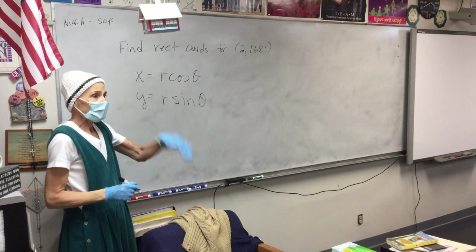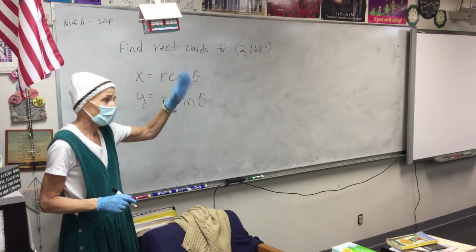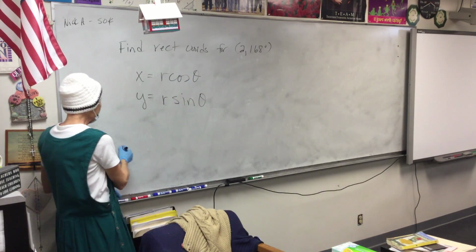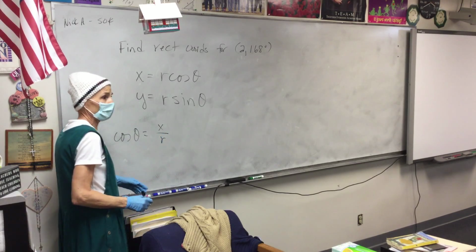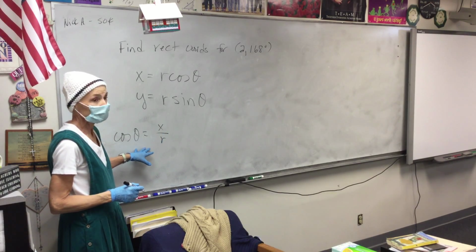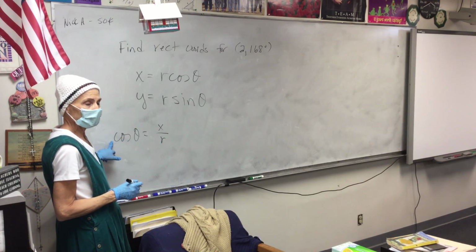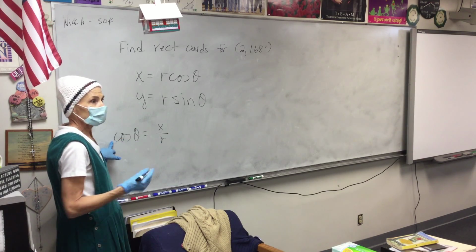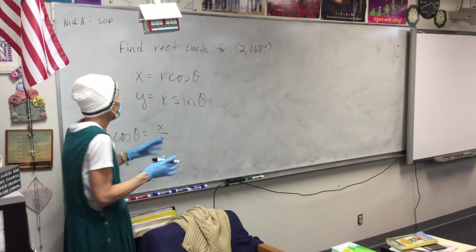sine. And that is not new, because back in November or October, whenever it was, I had you memorize that cosine theta equals x over r. You memorized that, supposedly. Well, if you move the r over here, what does it say? X equals r cosine. It's exactly what you already know. There's nothing new there.